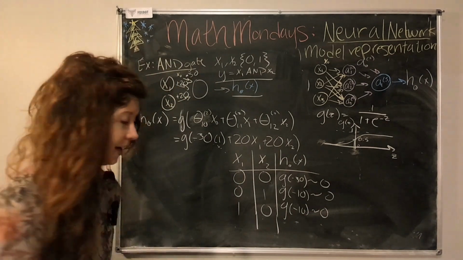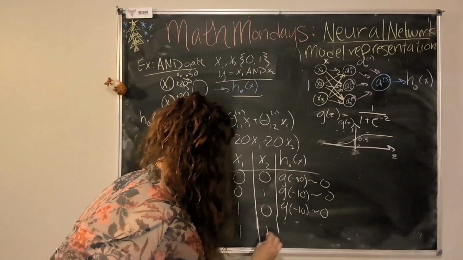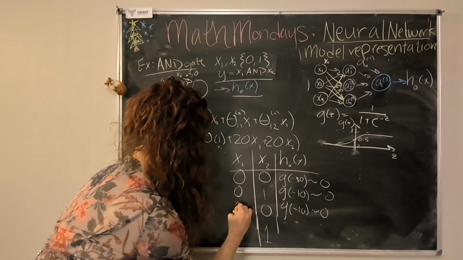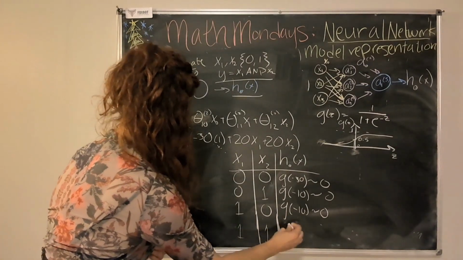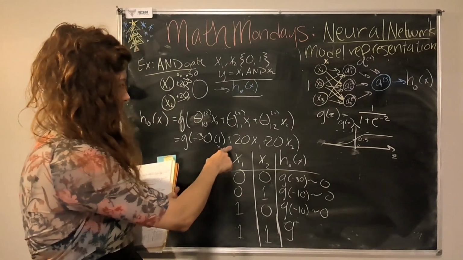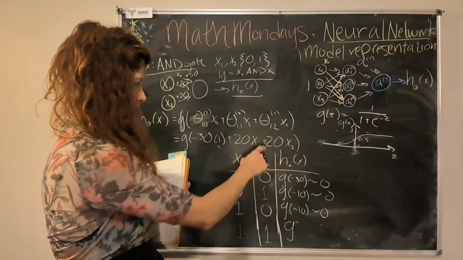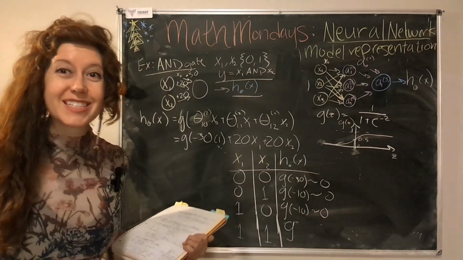And now, if both inputs are 1, let's draw that down. Now we calculate our sigmoid function, and we get negative 30 plus 20 times 1, which is 20, plus 20 times 1, 20. Negative 30 plus 40 is 10.